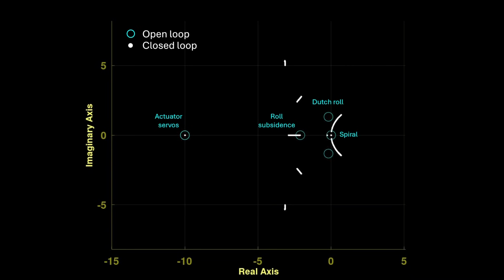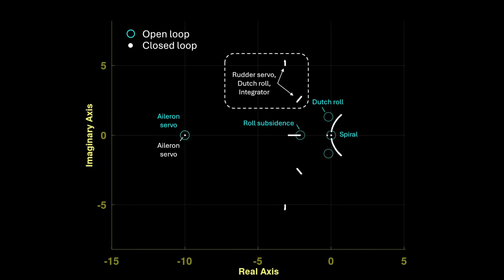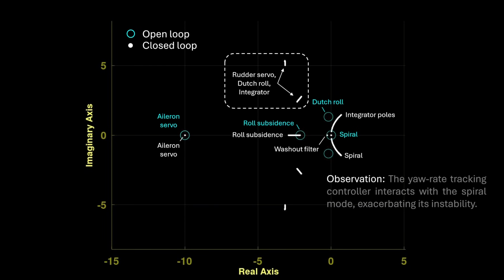However, we can also use eigenvectors because they point to the states that correspond to the eigenvalues. Applying this approach, there are two complex pairs that together pertain to the Dutch roll mode, the rudder servo, and one integrator. There's the roll mode, the washout filter, and near the origin, the spiral mode and the yaw-rate integrator form the unstable complex pair.